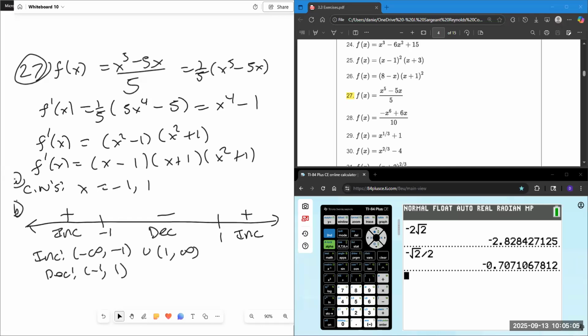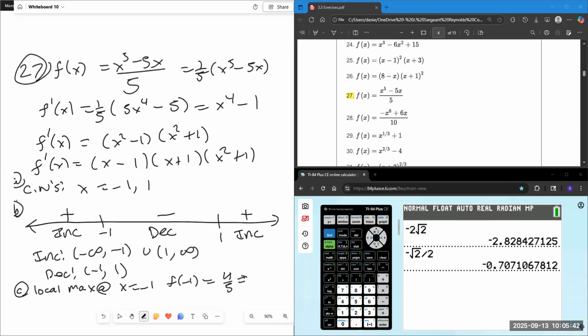And I have not done anything with the calculator with these. I'll let you do part D with the calculator if you wish. But I just am interested here on doing parts A through C with you. So local max at x equals -1. And if I find f of -1, that's going to give me -1 plus 5 is 4 over 5.